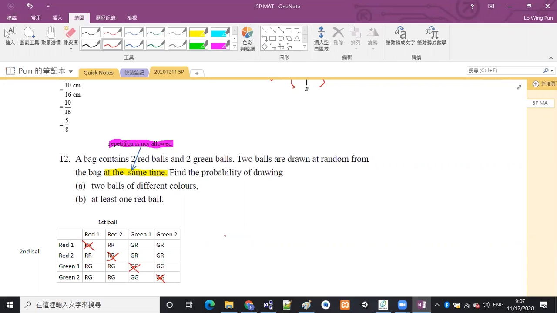So what is the number of possible outcomes? It is just 12.